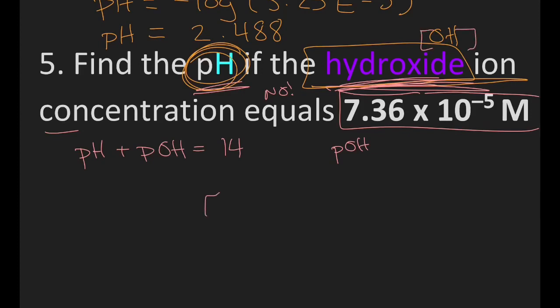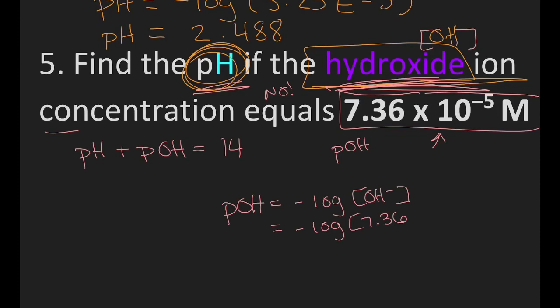If I want the pOH of a concentration, then it's the negative log of the OH concentration. That's what they've given us right here. So pOH equals negative log 7.36.